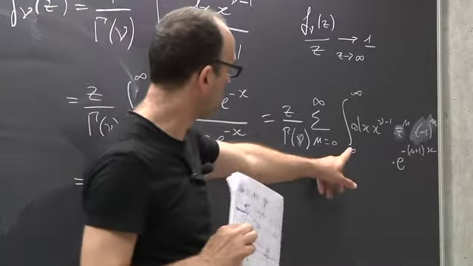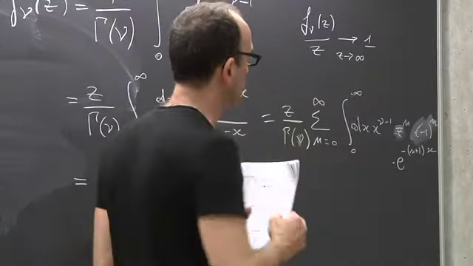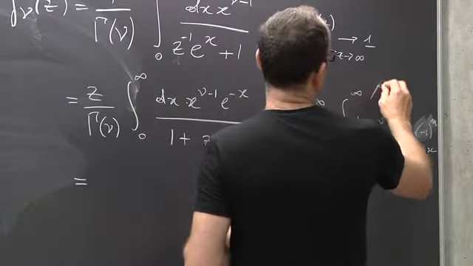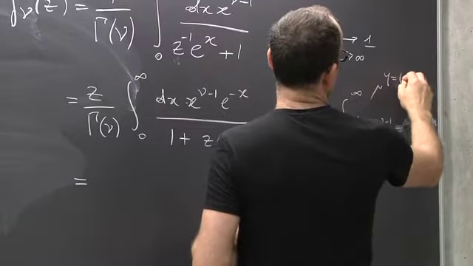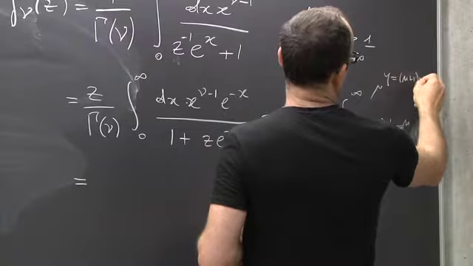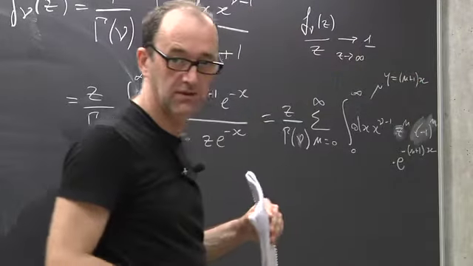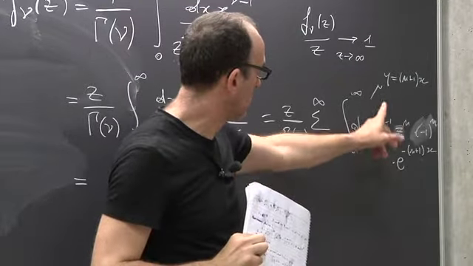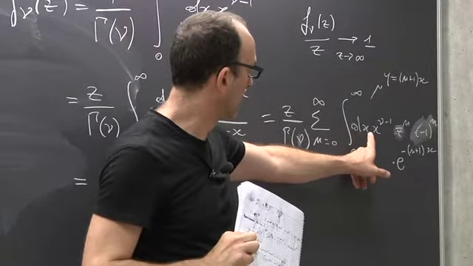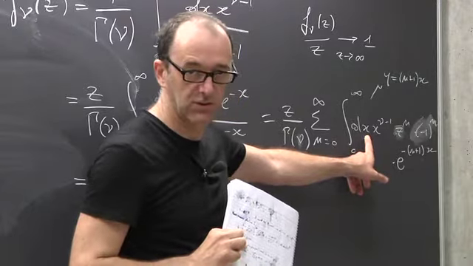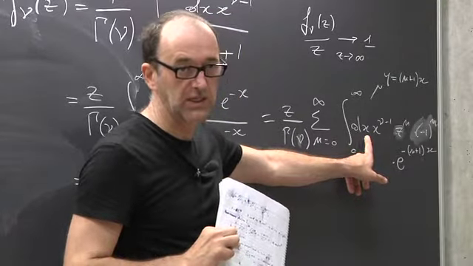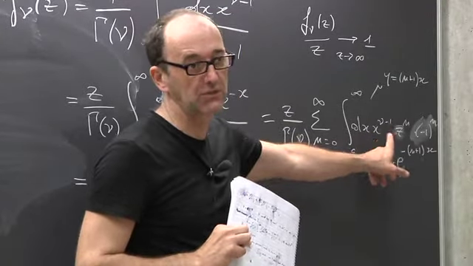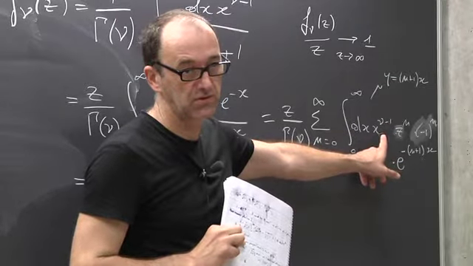So if you take this integral and make a change of variables where y is n plus 1 times x, then the integral in y will be proportional to 1 over n plus 1 to the power nu. And then what remains is an integral in y, which is the gamma function.